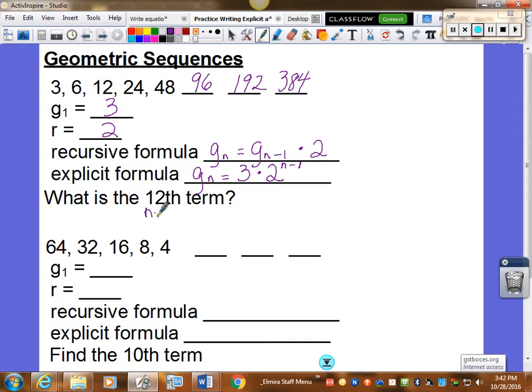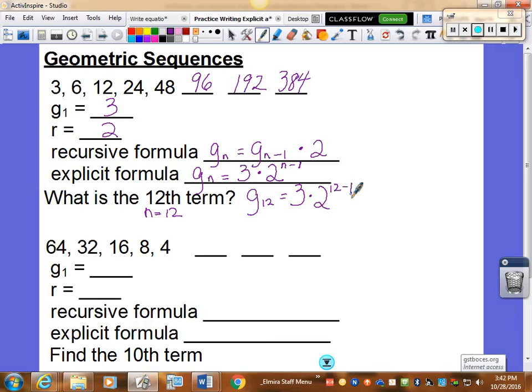Well, that would just mean that n equals 12. So G sub 12 equals 3 times 2, and the power would be 12 minus 1. Again, force yourself to write 12 minus 1. Do not do it in your head.